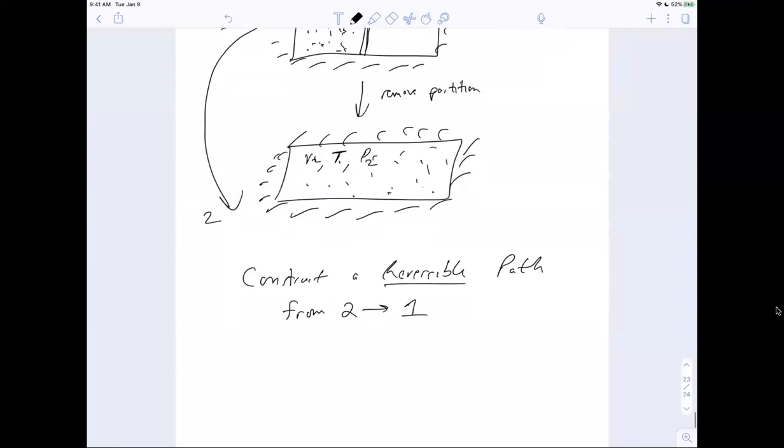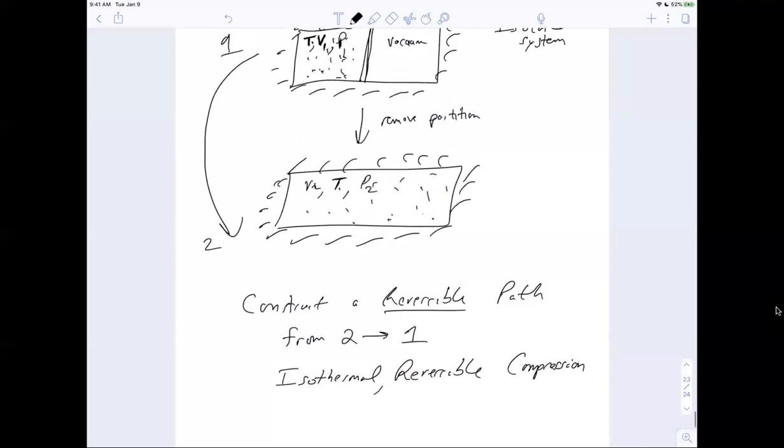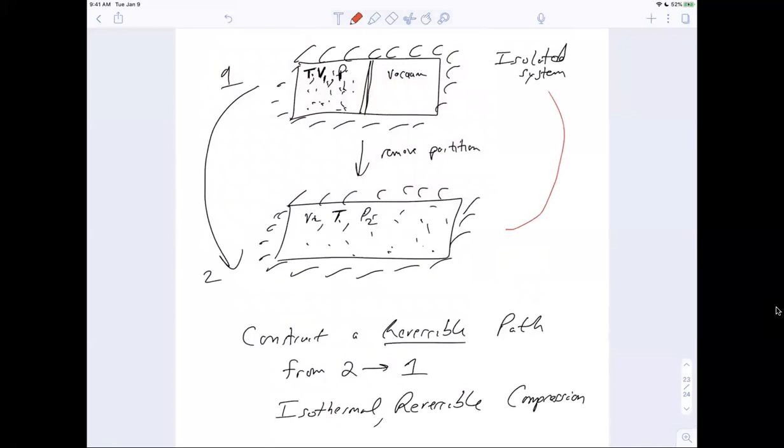And that path is going to be isothermal and reversible, of course. It's going to be isothermal reversible compression. So isothermally and reversibly, we're going to go from state 2 back to state 1. The system is no longer isolated.